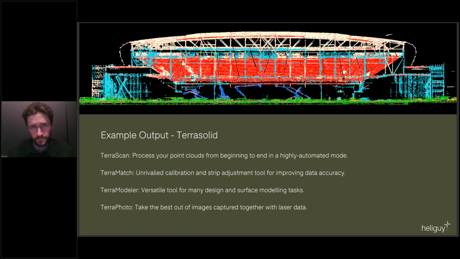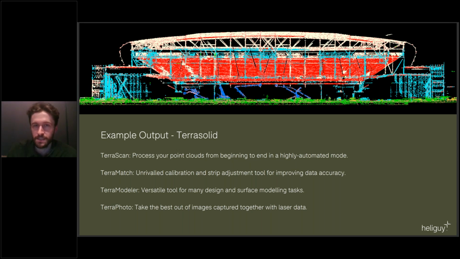So what each feature of the software does, as it can be bought as separate packages. So Terrascan is processing point cloud from beginning to end, the highly automated mode. So that really lets you just import it into a wizard, and you can select from some parameters to suit your needs there.